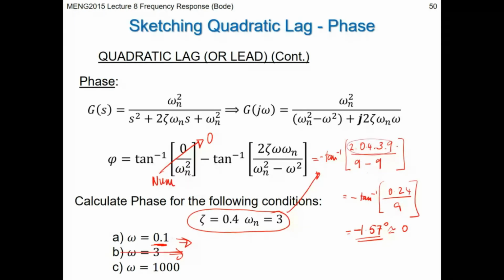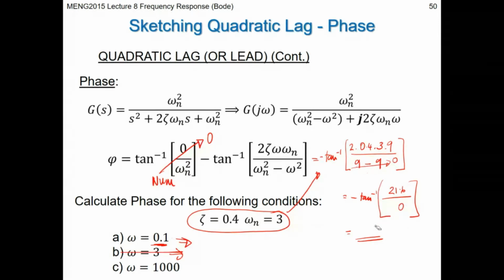So even though this is a significant number, 9 minus 9 goes to 0. So in fact, 2 3s are 6, 6 4s are 24, there's 2.4 times 9, which is 21.6. But it's going to be over 0.